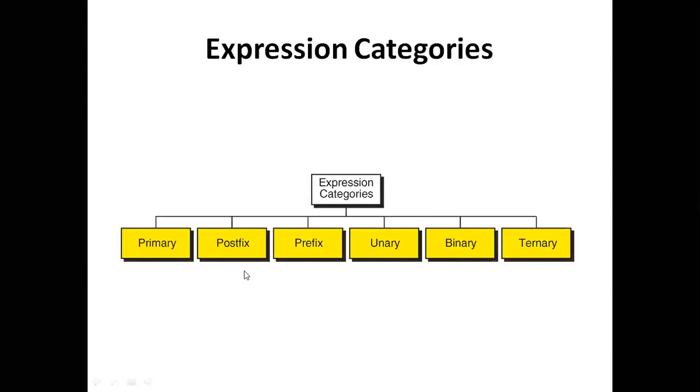Now we are going to see which type of expression is called primary, which is called postfix, which is called prefix, which is called unary, which is called binary, and which is called ternary.